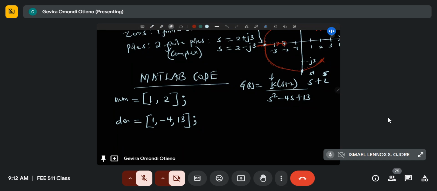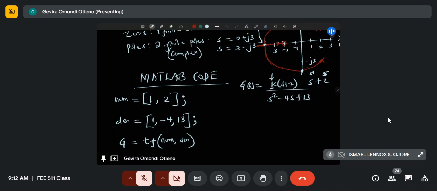So therefore, our transfer function is g equals, not g of s. Don't write g of s because you have not defined what s is. So just g equals, and in MATLAB, if you want to get the transfer function, you just say tf. And in the tf, you take the numerator and the denominator like that, using those parentheses.